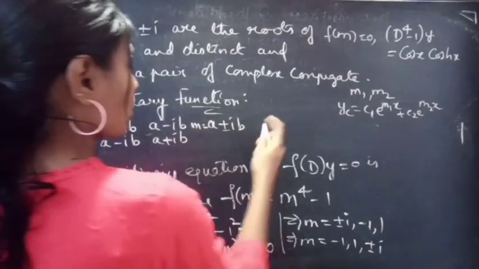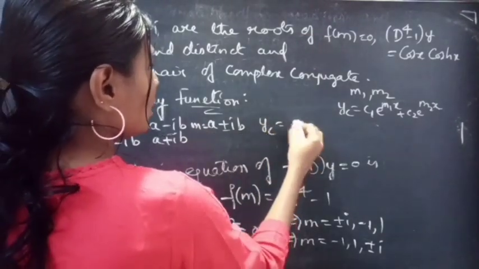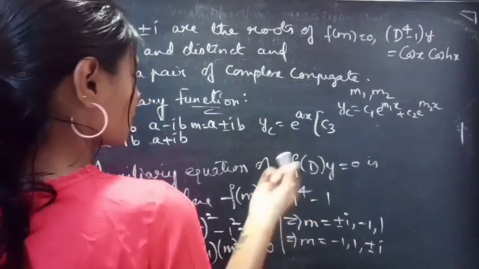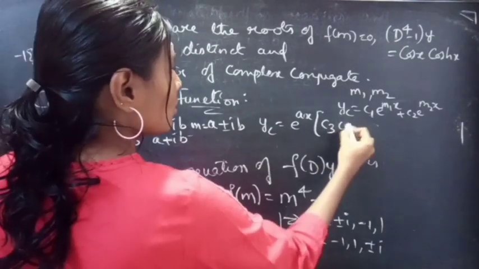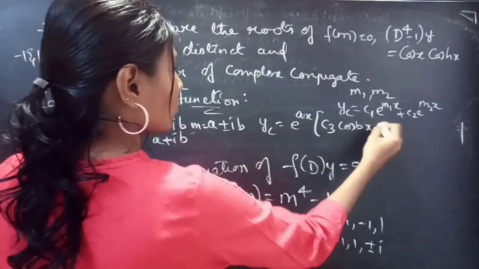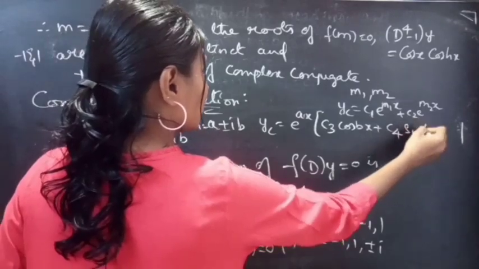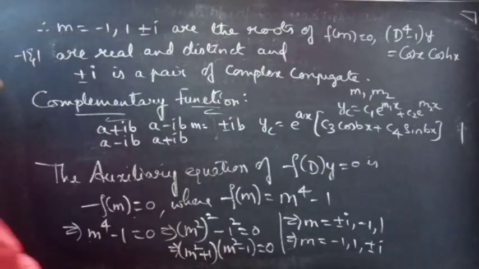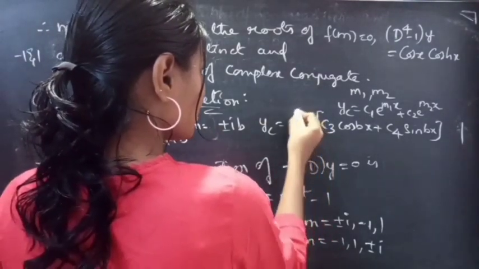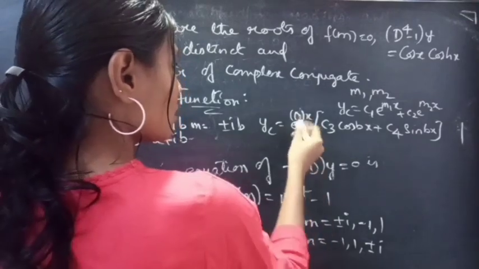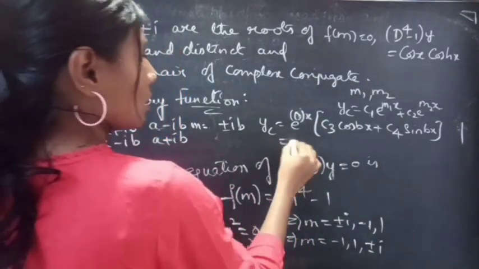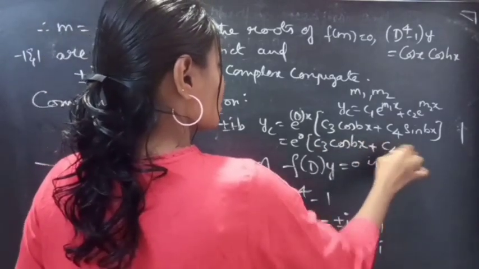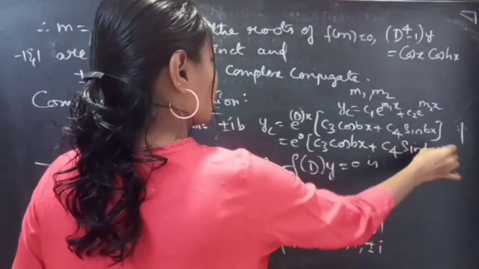If we have complex conjugate roots, then yc will be e power ax into one constant into, already we have used two constants, right? So I'll take c3 and c4 here: c3 cos bx plus c4 sin bx. In case a is 0, if we don't have any real part, then we get e power 0 into x, which is e power 0 into c3 cos bx plus c4 sin bx.